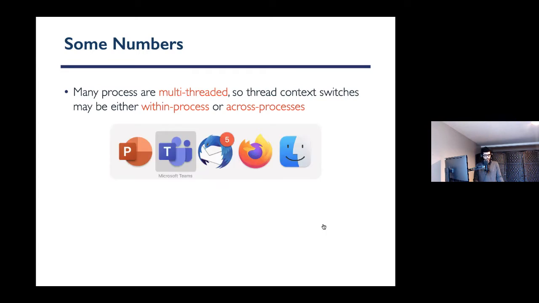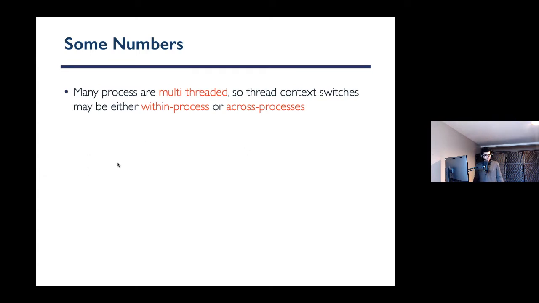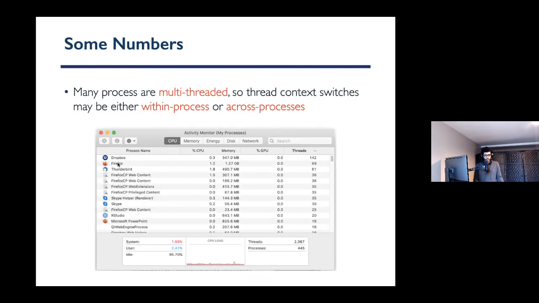Okay, so in your general purpose operating system, this is a snapshot of my Mac 2 years ago. When I took this snapshot, at that point I had 2,000 threads and 400 processes.